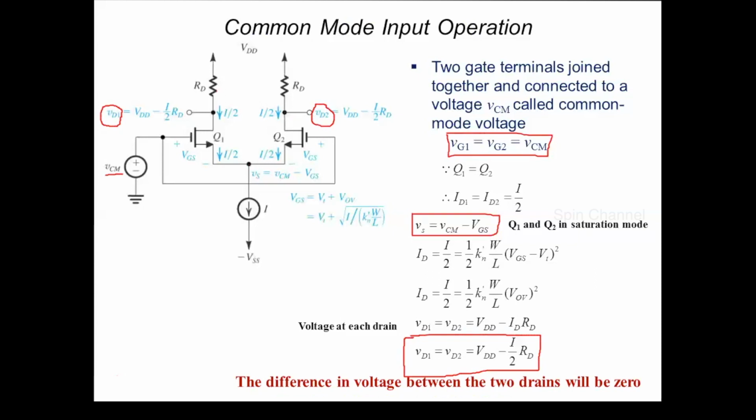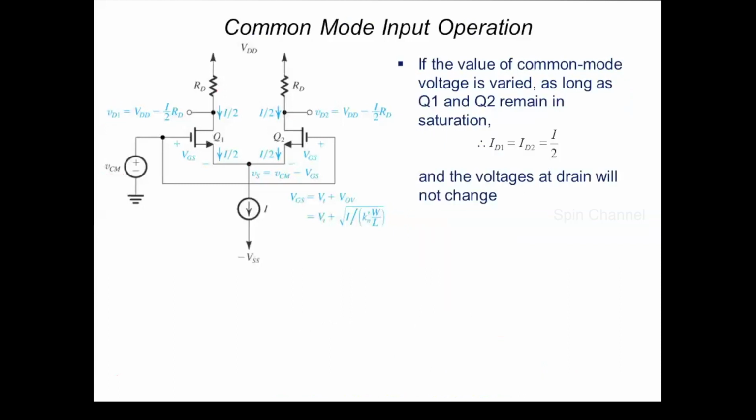Now, let us try to vary the common mode voltage. VCM is slightly varied. As long as Q1 and Q2 remain in saturation, the current will divide equally between the two MOSFETs. The drain current is going to be I divided by 2 in MOSFET 1 and I by 2 in MOSFET 2 also, because the current source provides a constant current of I. So even though you vary your VCM voltage, the current is going to be the same.